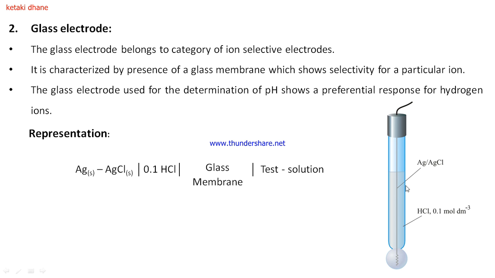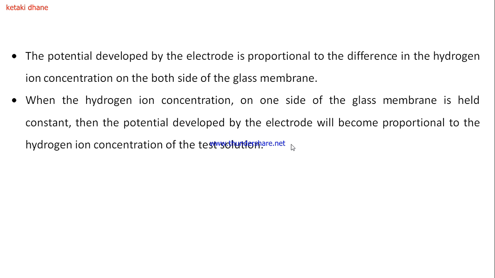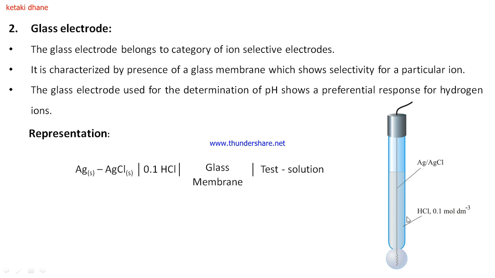Now it is surrounded by a glass membrane, and this whole electrode we dip into the test solution. The potential developed by the electrode is proportional to the difference in hydrogen ion concentration on both sides of the glass membrane. See, this is a glass membrane, and we are measuring the potential difference inside the membrane as well as outside.